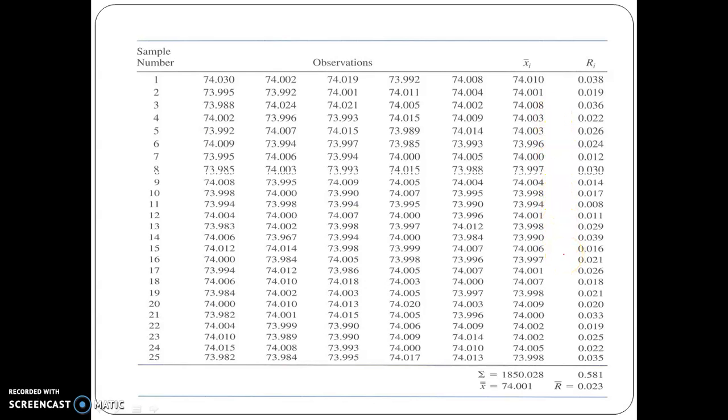You will find that the values come out the same and the same chart will be plotted. We have already discussed how you calculate X double bar and R bar. The control limit in case of R chart is R bar and the control limit in case of X chart is X double bar. So you can solve this question using the alternative formula that we have discussed in this video, and you will find that you are getting the same answers as in the previous videos. Okay, so this is all for today. Thank you.